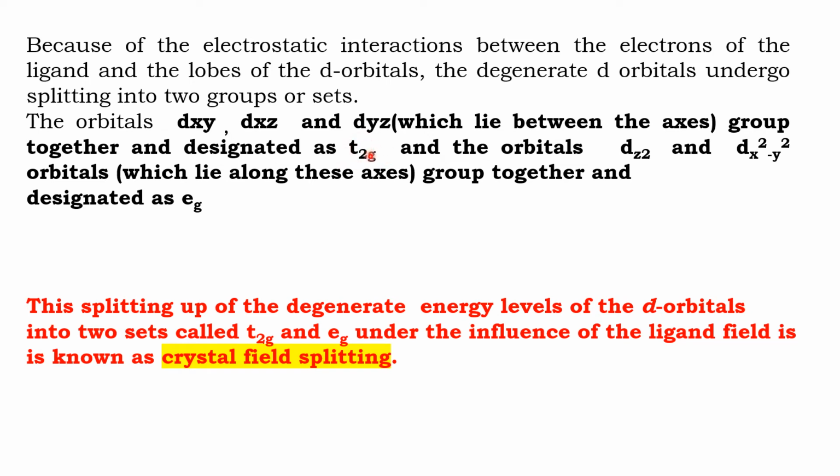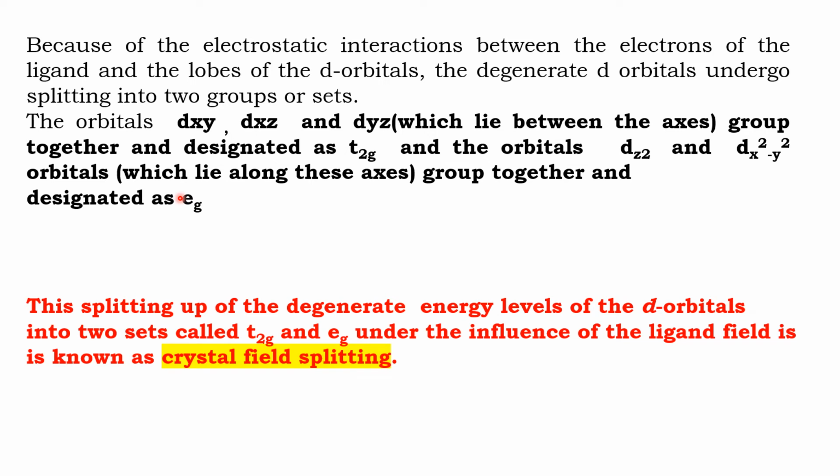While dz square and dx square minus y square group together and are designated as Eg orbitals. Thus, the 5 d orbitals got split into 2. Which are they? T2g group and Eg group.